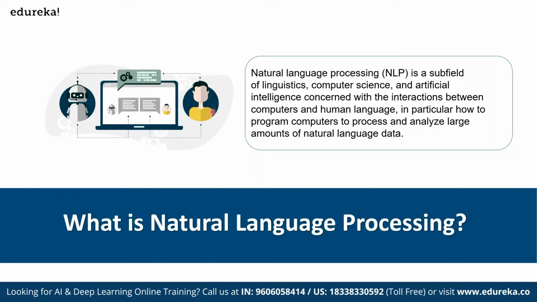There are two layers of understanding here: not only what context you are speaking in, but also what your feeling is. In order to do that, we need to create some mathematical models by which the machine can understand what you are speaking or what you are trying to communicate. Most of us may have used some chatbots.